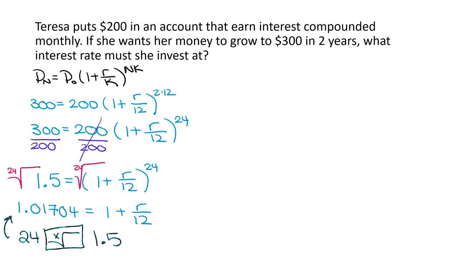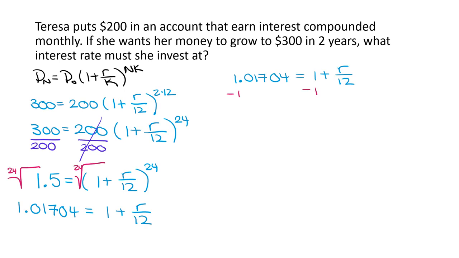I got 1.01704, did a little bit of rounding there. So that got rid of the exponent, so now I have 1.01704 equals 1 plus R divided by 12. So to finish solving for R, I'm going to subtract the 1.